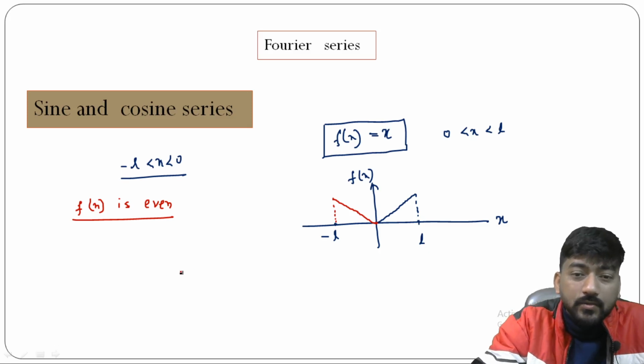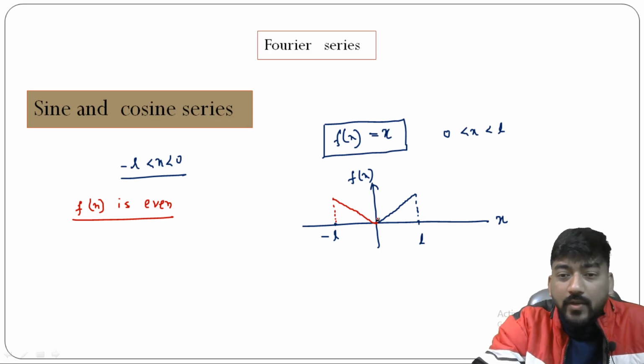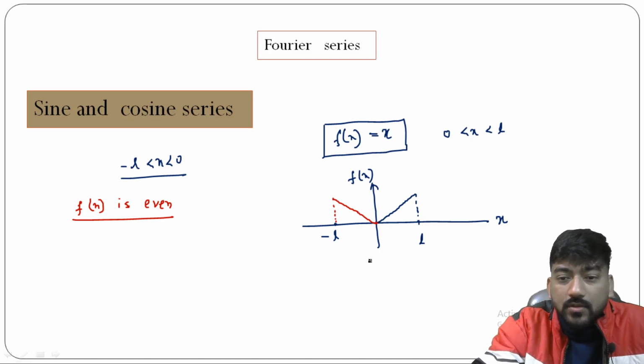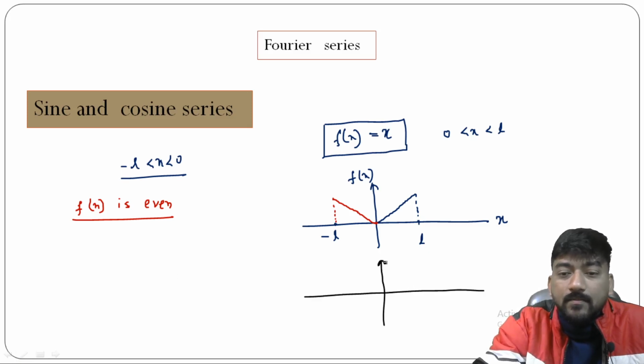But if you want to get it as an odd function, okay, then what do you have to do? Suppose this is our f of x and this is our x, and you need that f of x is odd.